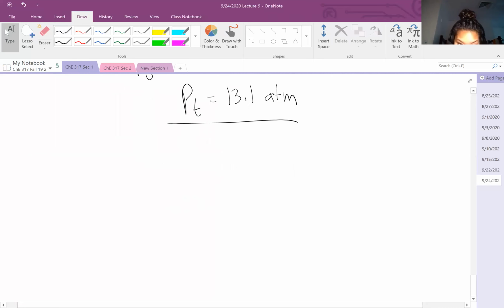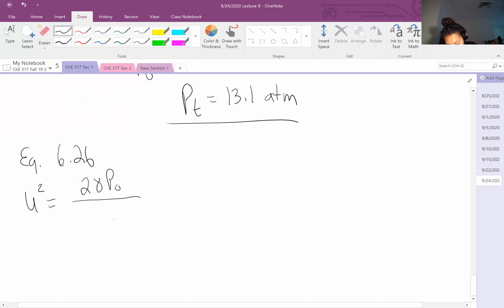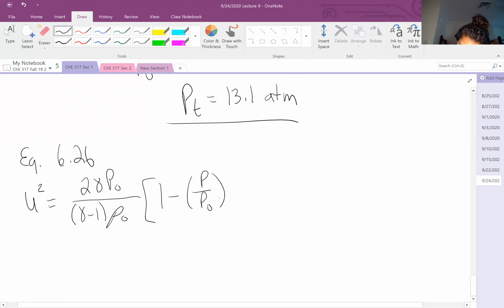The next thing we can solve for is our velocity using equation 6.26, which states that u squared equals 2 times gamma times p naught divided by gamma minus 1 times the density naught, or rho naught, times the quantity 1 minus p over p naught raised to the power 1 minus 1 over gamma.